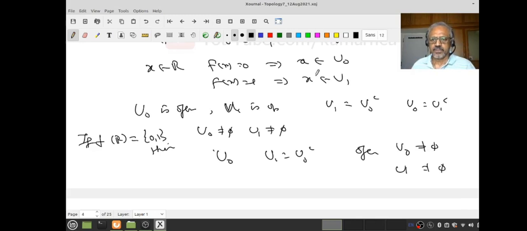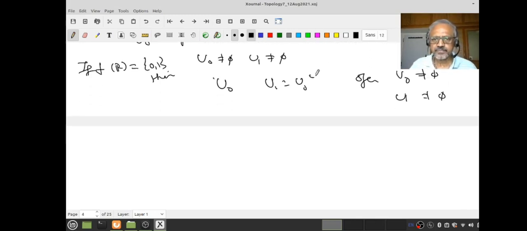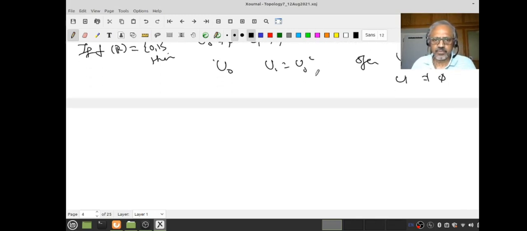Now I'm going to say this cannot happen. Let us assume without loss of generality that 0 belongs to U0, that is, f of 0 is 0.